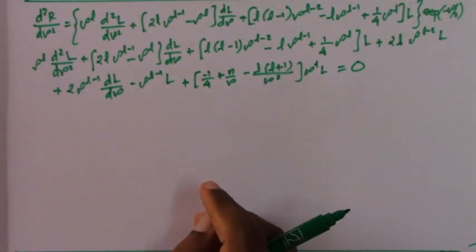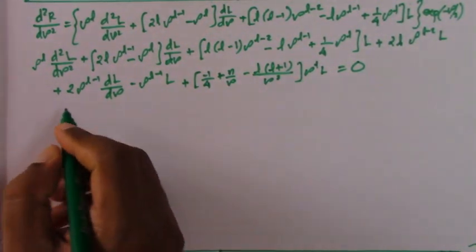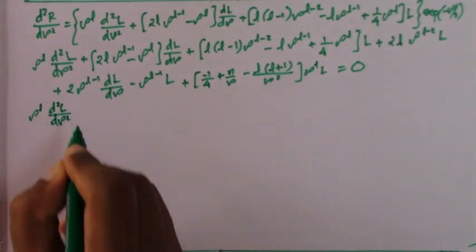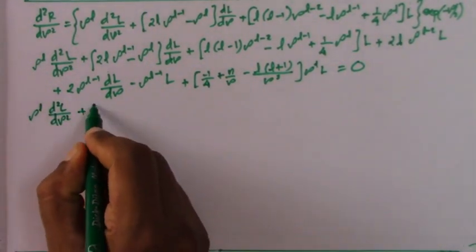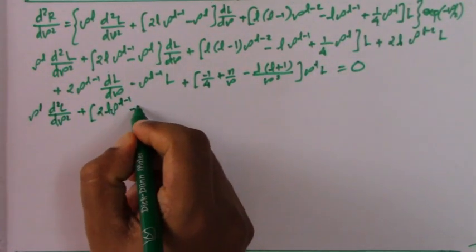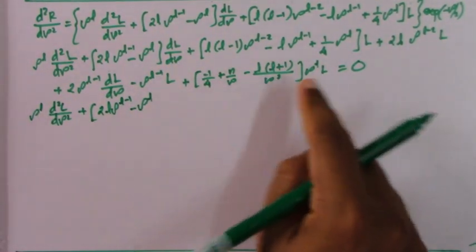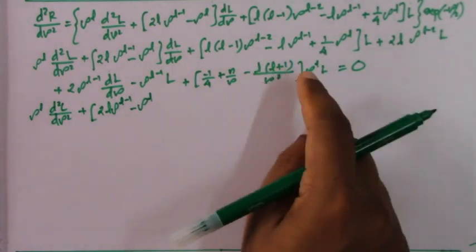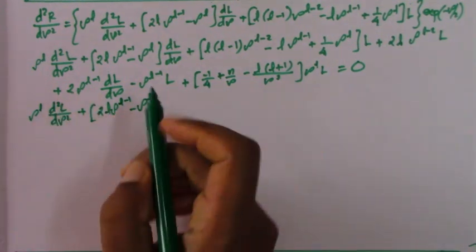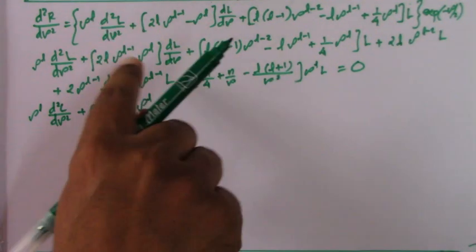Now I am going to simplify this further, that is rho raised to L, d square L divided by d rho square, plus 2L rho raised to L minus 1 minus rho raised to L into dL by d rho. But I have to include another term here, because there is another dL by d rho term here.